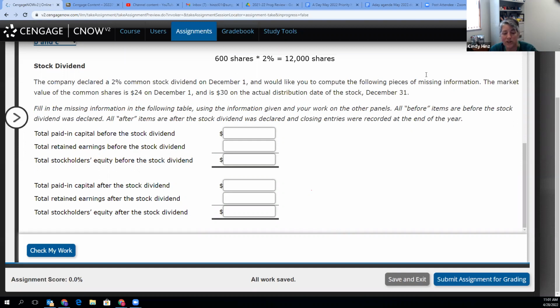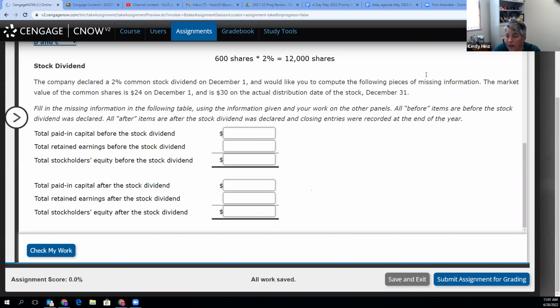We realize that issuing more shares means that our stock price is almost certainly going to fall, but if the percent is less than 25%, then we figure it's going to be a negligible difference. And so we use the fair market value.